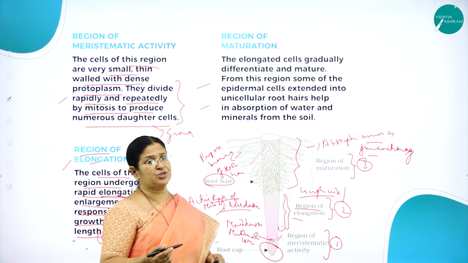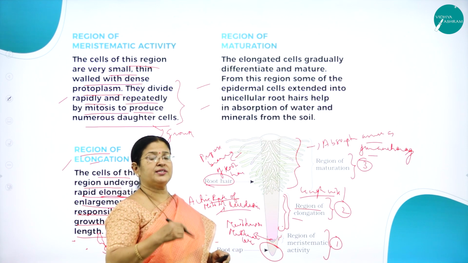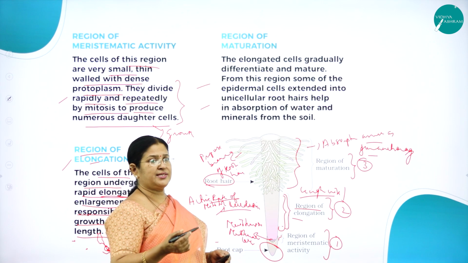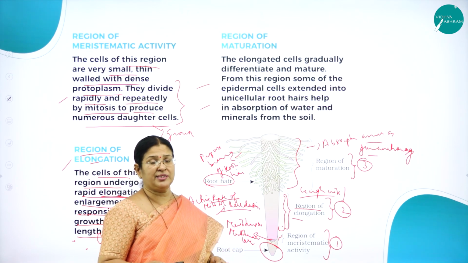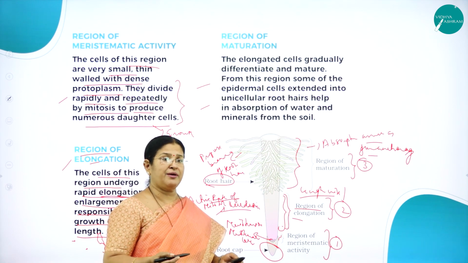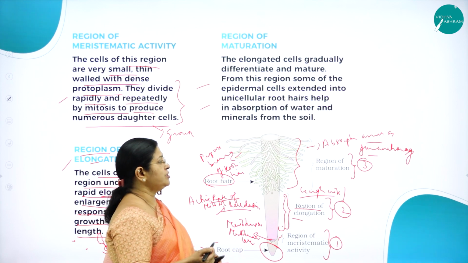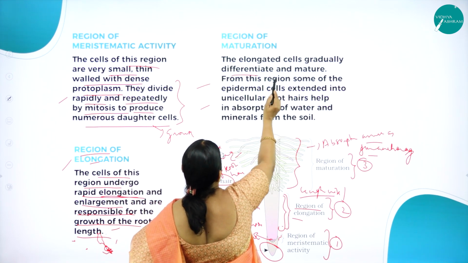As I said, cells group into tissues, tissues into organs, organs into organ systems. Here the cells get differentiated into tissues like xylem, phloem, right? As I said, xylem is a water conducting tissue, phloem is a food conducting tissue, parenchyma is a food storage tissue, sclerenchyma is a dead mechanical tissue. So region of maturation. The elongated cells gradually differentiate and mature.